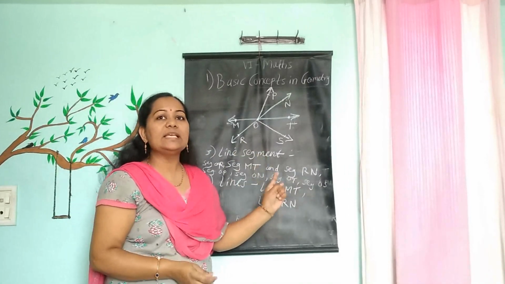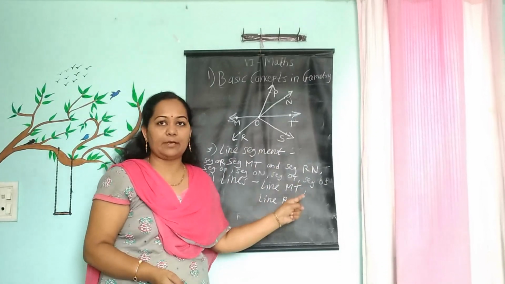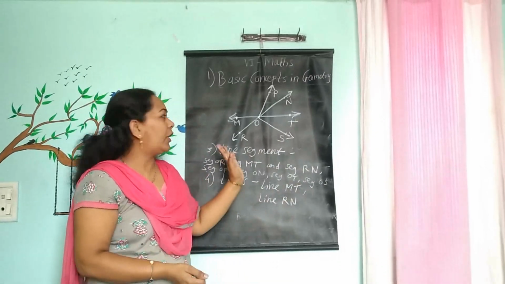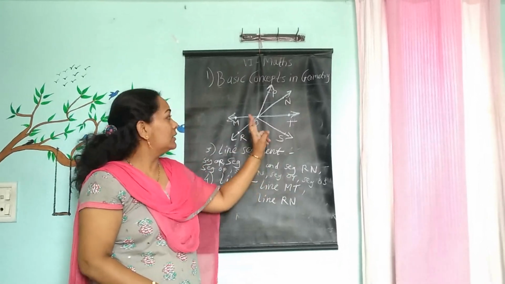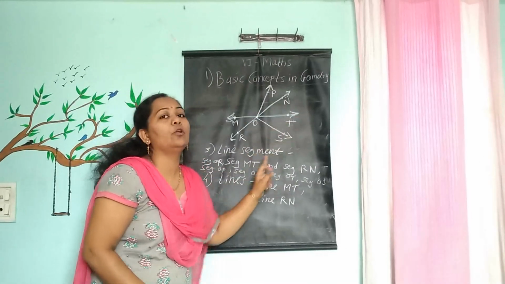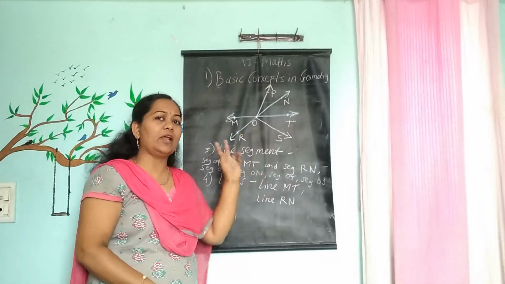All these are called line segments. Whatever has a starting point and end point is called a segment. You can go clockwise or anti-clockwise for writing.